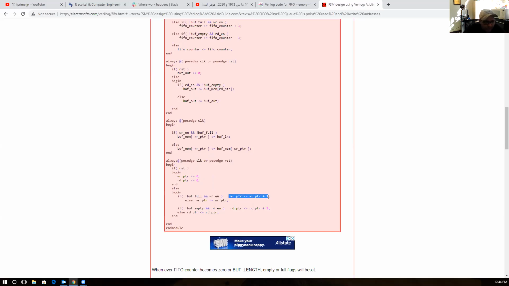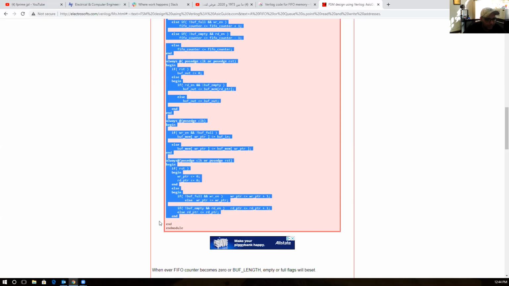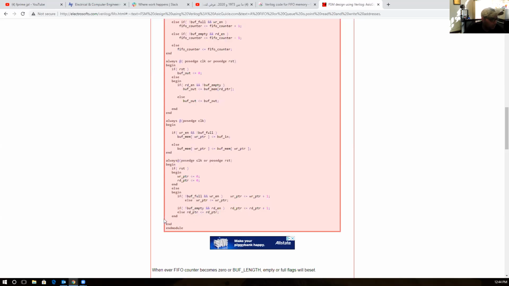I'm going to increment my write buffer, else I will keep it as it is. If I'm read enabling and I'm not empty, I will increment the read buffer, else I will keep it as it is. By the end, I'm done with the whole entire implementation. So is it clear to everybody what I mentioned so far?